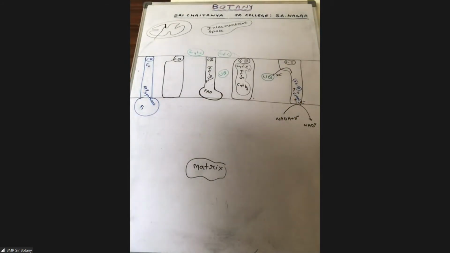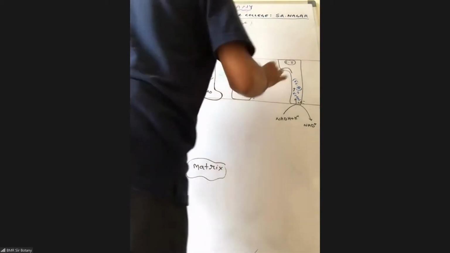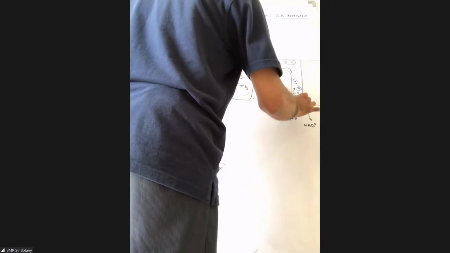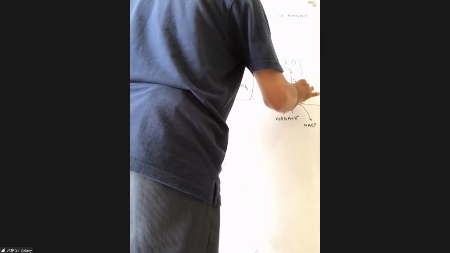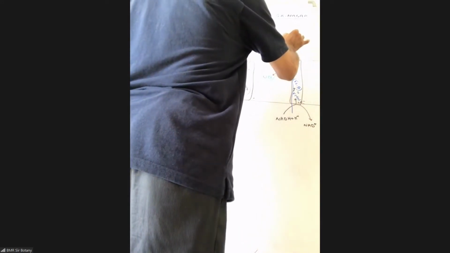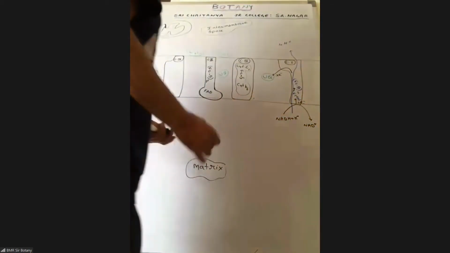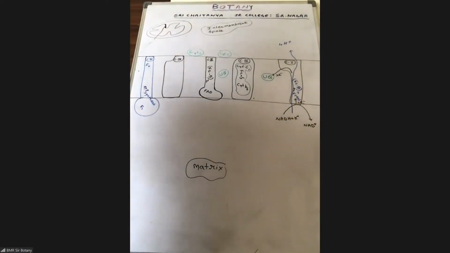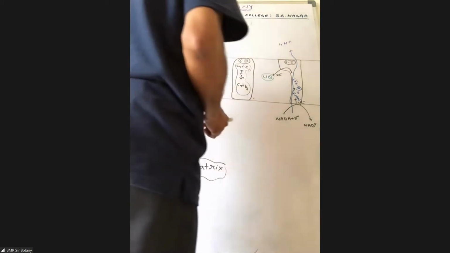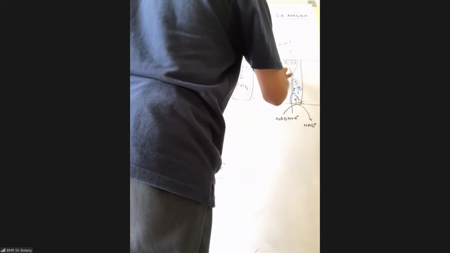See, while transferring electrons to ubiquinone, complex 1 itself will pump 4 protons from matrix to intermembrane space. By whom, Nana? Complex 1. When? While transferring electrons to ubiquinone.